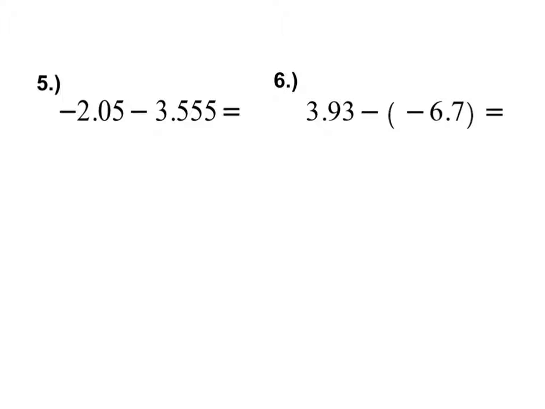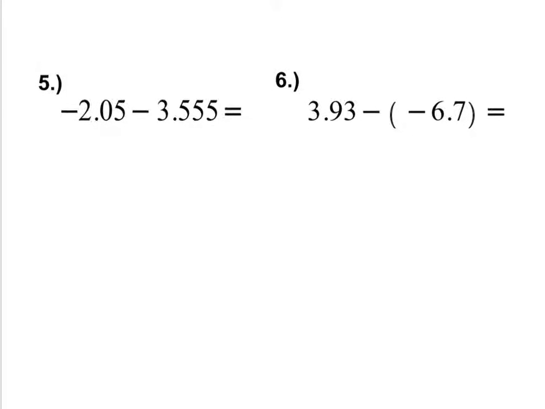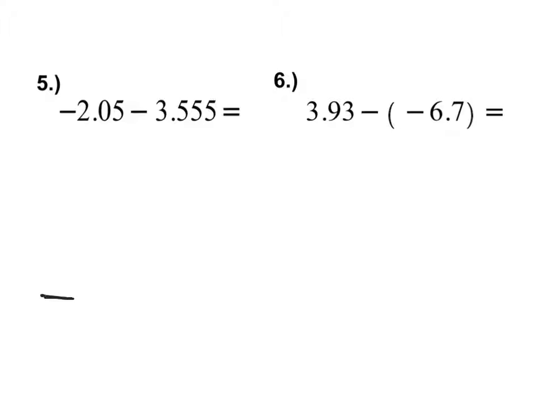So remember when I have a negative and then I subtract from that negative, it's actually like we take the number part of our answers and add them together because we're just adding more in the negative direction. So when I do the actual computation for number 5, I'm just going to remember that my final answer needs to be negative, but then I'm going to add the number part of my numbers.